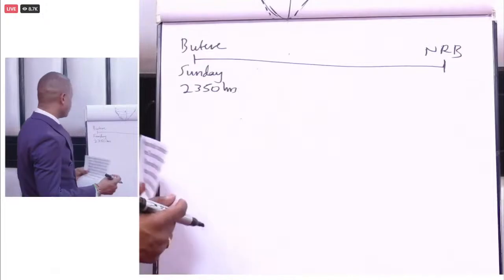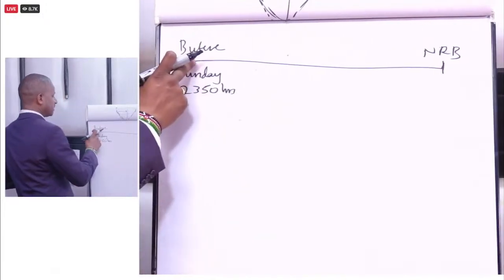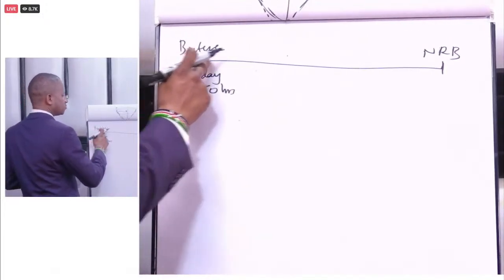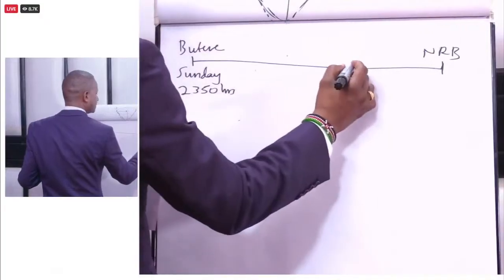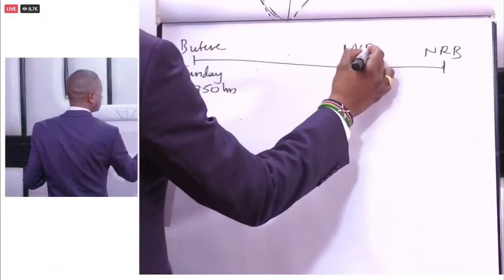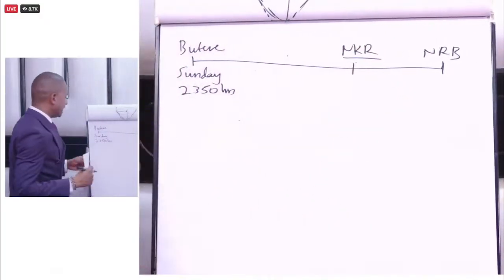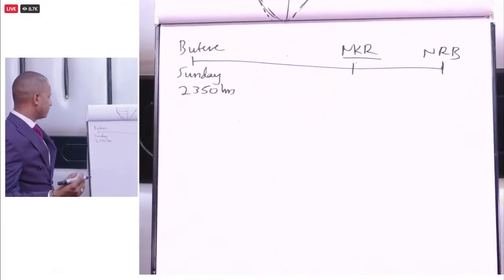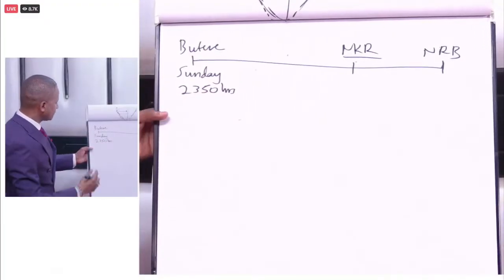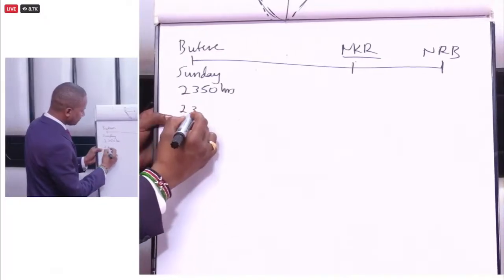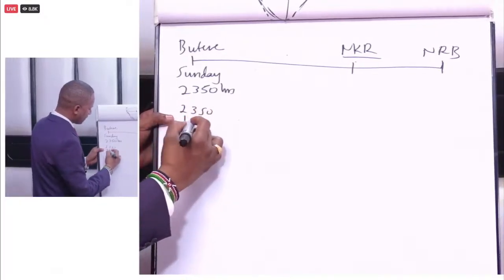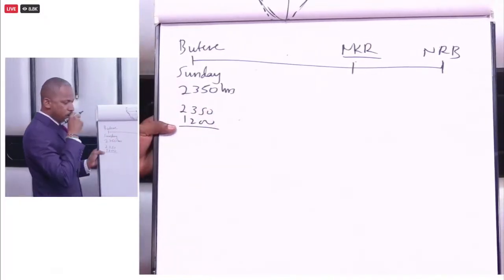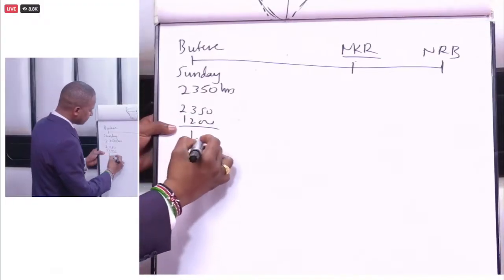So this train left Butere. Mapesa left Butere going to Nairobi, but stopped at Nakuru. So he left at 23:50 hours. We want to know the time that he left. In 12-hour system, you subtract 12:00 from 23:50.